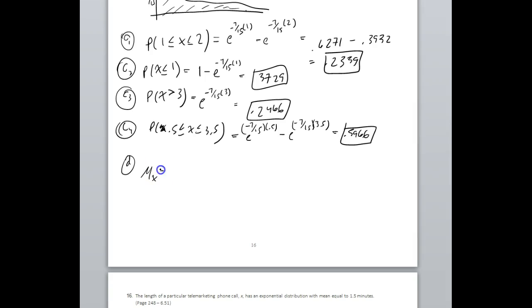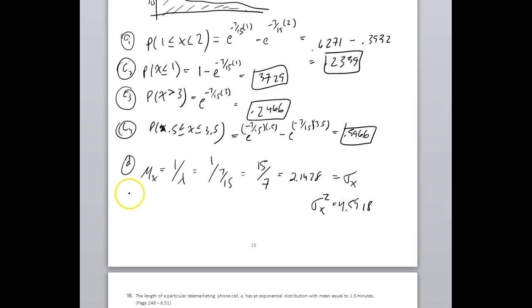So the mean of x is equal to 1 divided by lambda, which is just going to be 1 divided by 7/15, which is equal to 15 sevenths, which is equal to 2.1428. And we know that sigma is also equal to that. And so then conversely, sigma squared is equal to the square of that, so 4.5918.